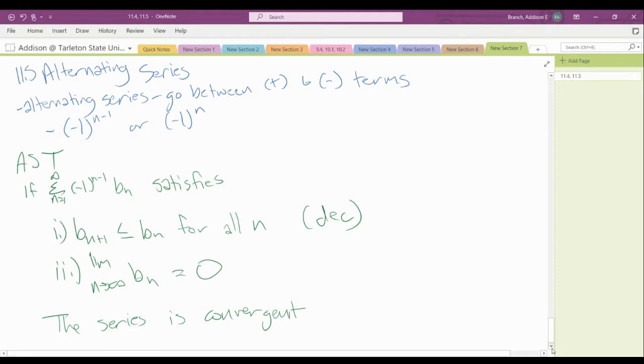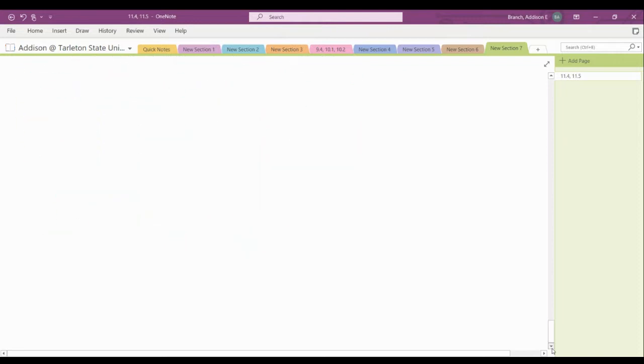So let's go ahead and do some examples with this. Once again, all of these are just going to be, are they convergent or are they divergent?